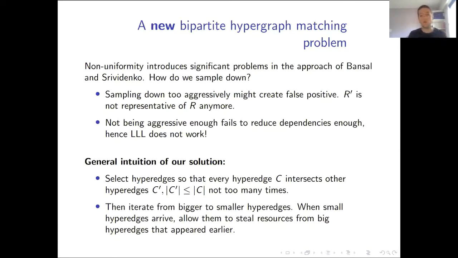When small hyperedges arrive, we already have a solution on the bigger hyperedges, and we allow the small hyperedges to steal from the big ones. If each hyperedge is never intersected too many times by smaller hyperedges, it will show that no hyperedge loses too many items.